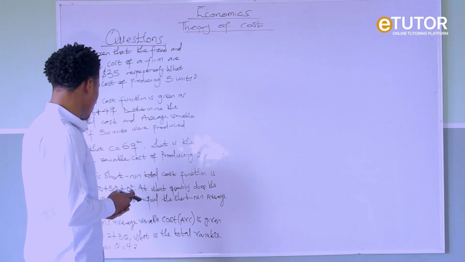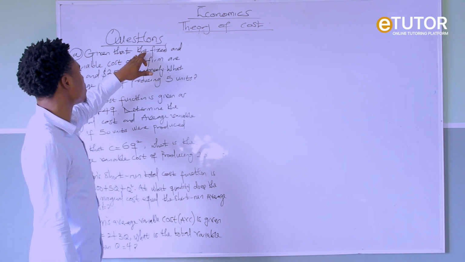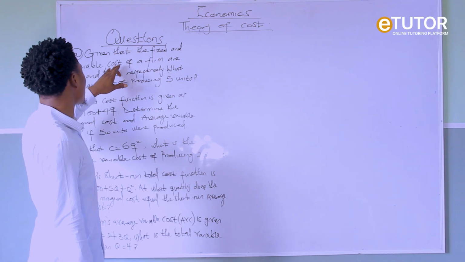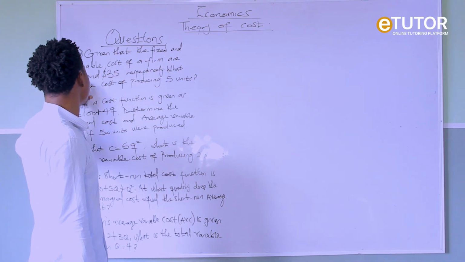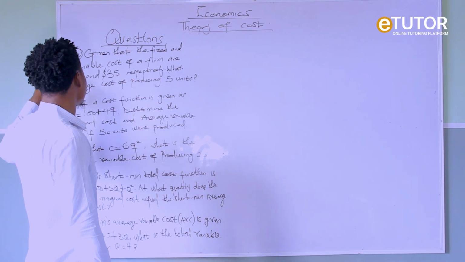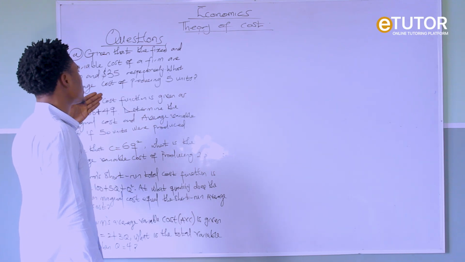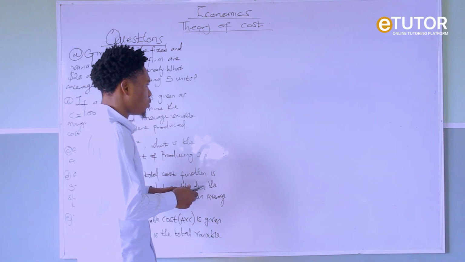Let's start with the first question. It says, given that the fixed and variable cost of a firm are $20 and $35 respectively, what is the average cost of producing 5 units?